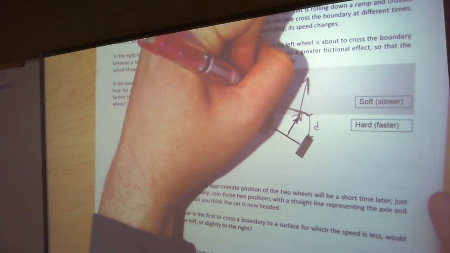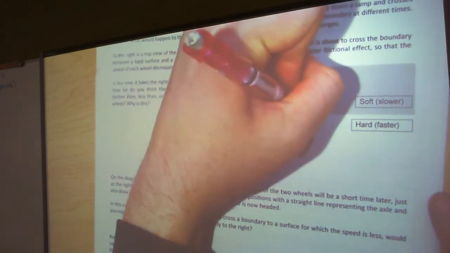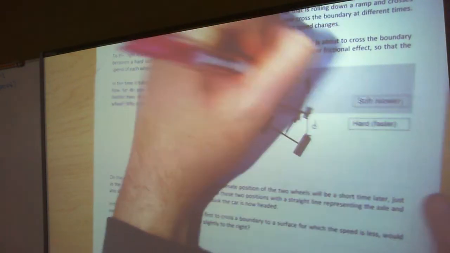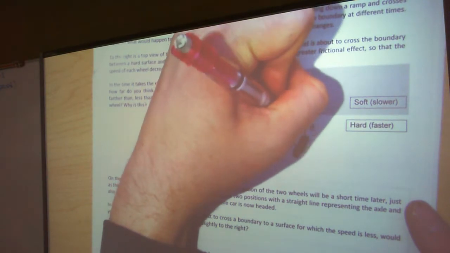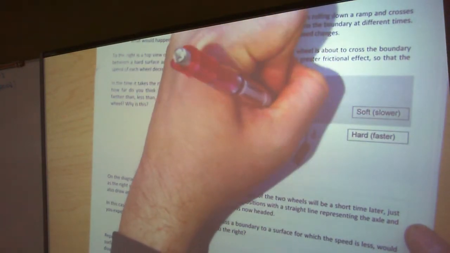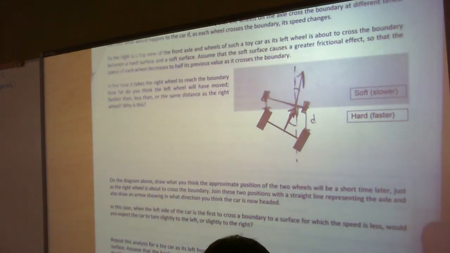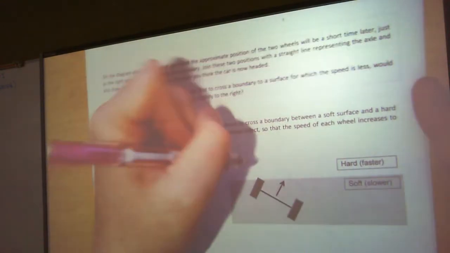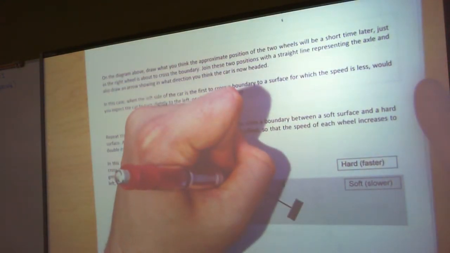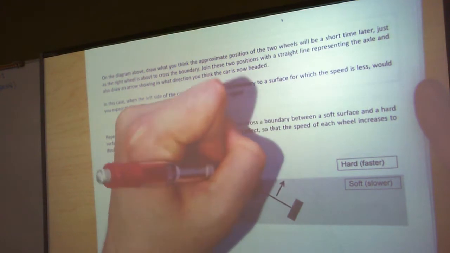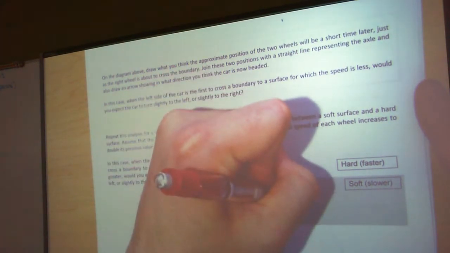And we can draw our wheels here. So we see here, going from a harder, less friction surface, we have this refraction of this vehicle. And then the same with our other vehicle here. This tire is going from a softer to a harder surface.